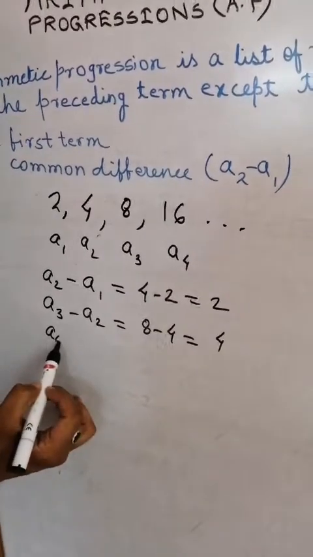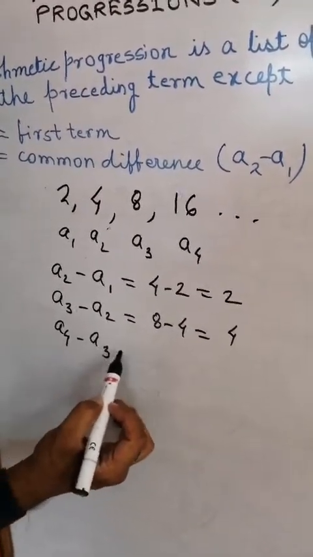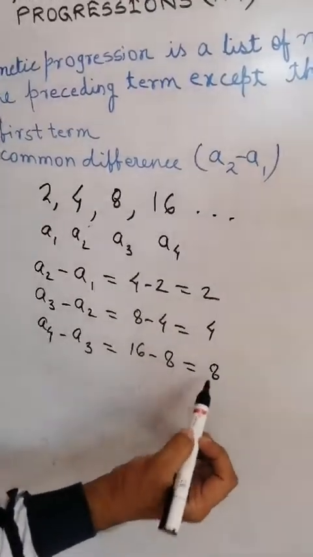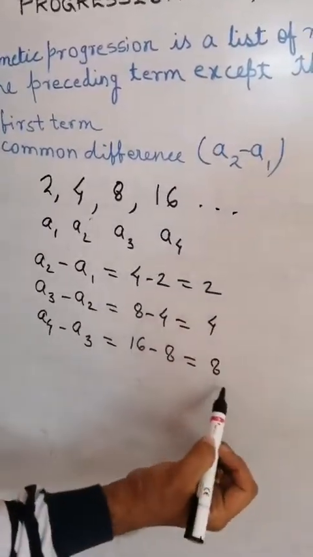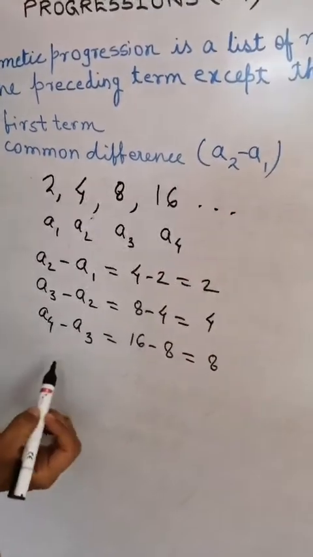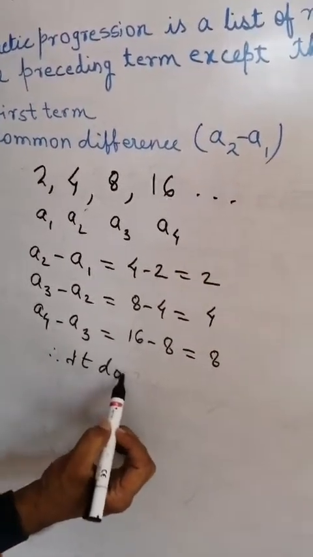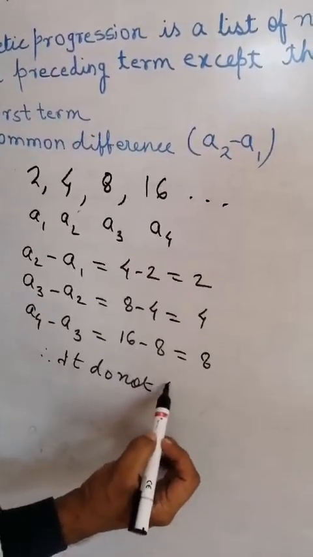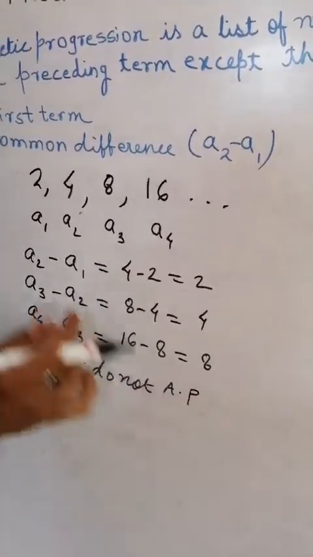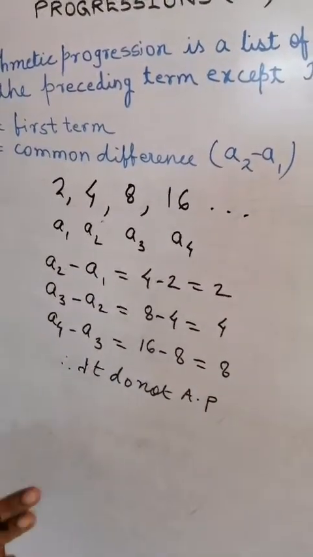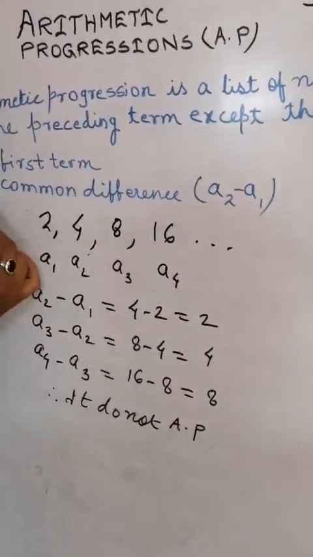Now A4 minus A3, 16 minus 8, the answer is 8. Here you can see the common difference is not the same in all cases, therefore it does not form an AP. If the common difference is the same, then we can say that it forms an AP. So if it is not forming an AP, there is no need of finding the next three numbers.